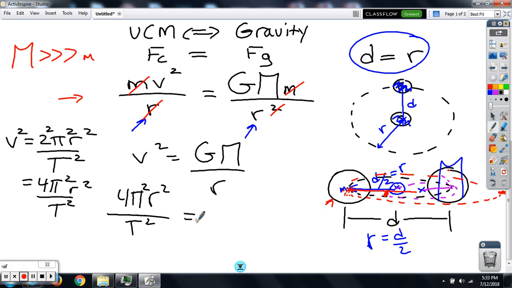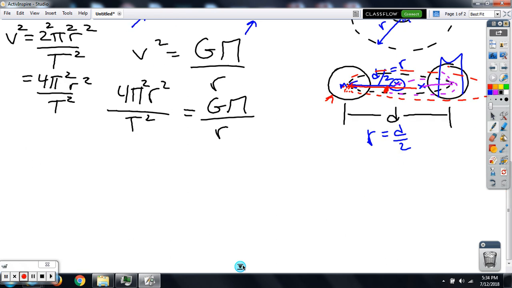Making sure I'm not losing any terms along the way. And now I just want to get the T on top, and I'll get T by itself, and then everything else I'm going to put onto the other side. So I'm going to bring T upstairs. It's T squared.